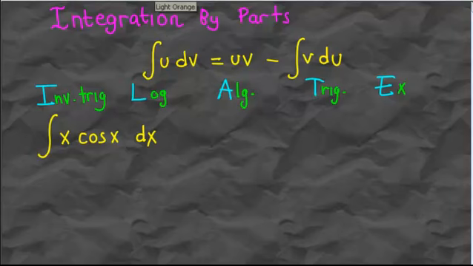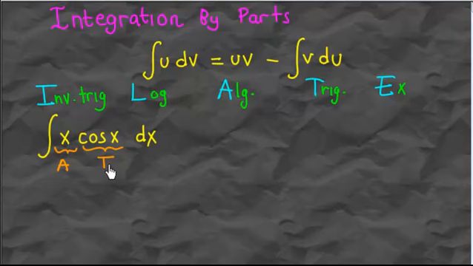What does it mean? It means that whenever we have some choices, let's say here x is a polynomial, which is an algebraic expression, and cosine x is a trigonometric expression.